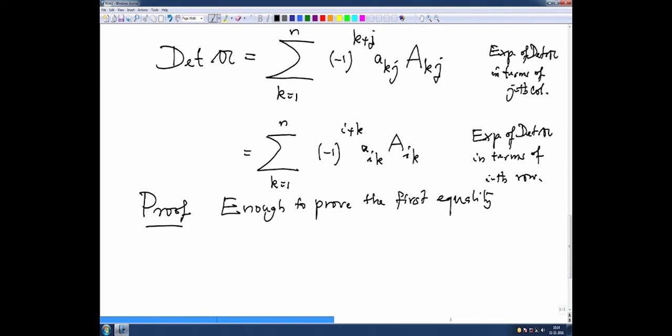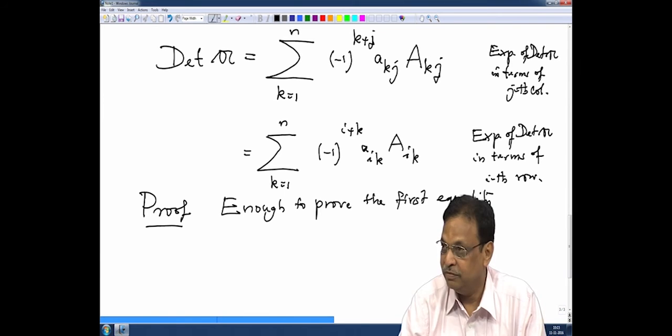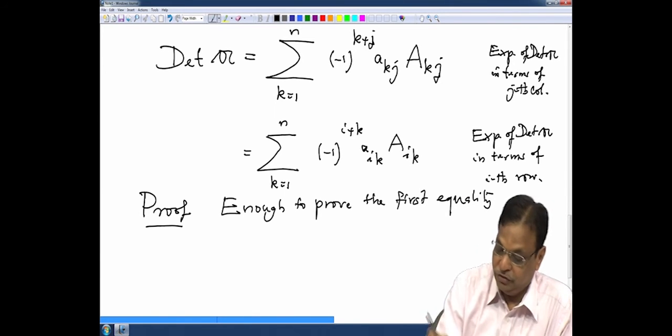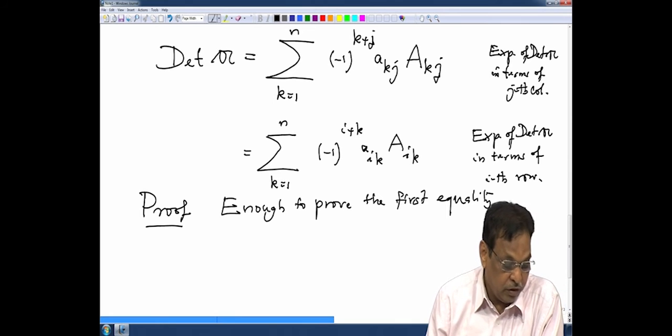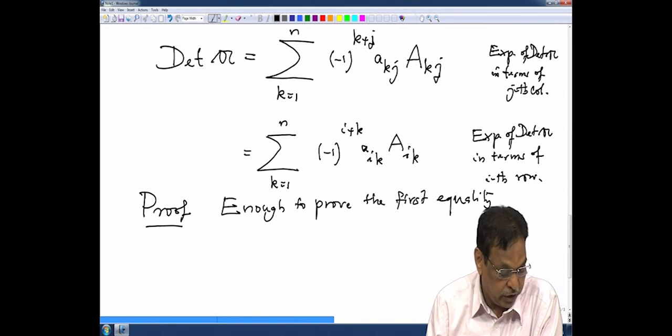So, it is always our philosophy to use the theory results to make the computation faster. So, it is enough to prove the first equality.